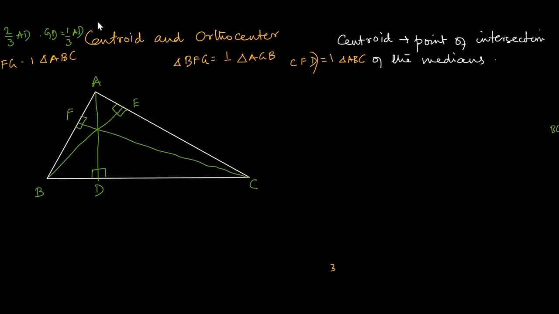Now, if O is my orthocenter, the point of intersection is called the orthocenter. Now, what can I say about the lengths of each of these perpendiculars and their ratios? Let us see.